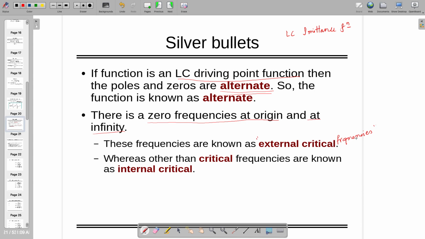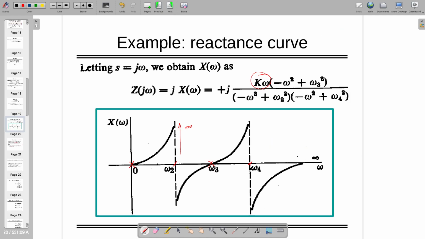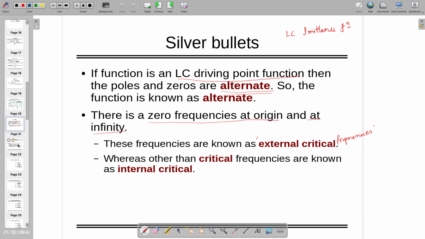However, other frequencies like omega 1, omega 2, omega 3, omega 4, and other frequencies between 0 and infinity are known as internal critical frequencies, whereas the origin and infinity are known as external critical frequencies. This is also external, this is also external. These are some standard words which you are going to see maybe in future if you are learning communication engineering, right?